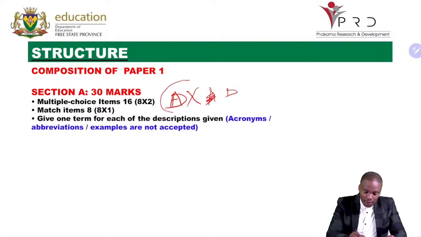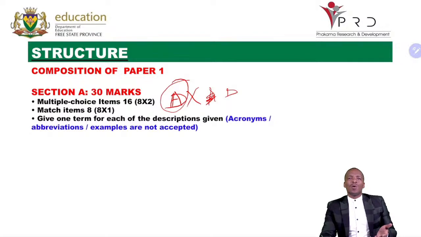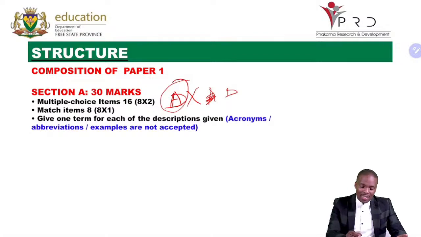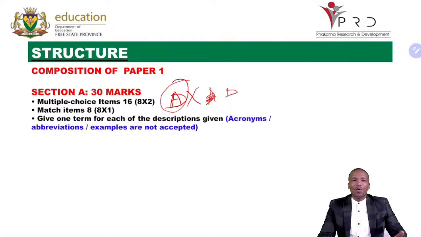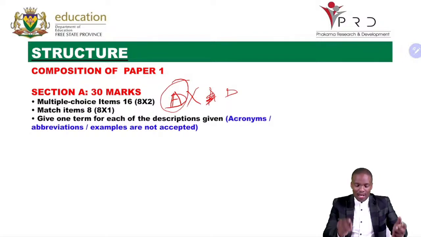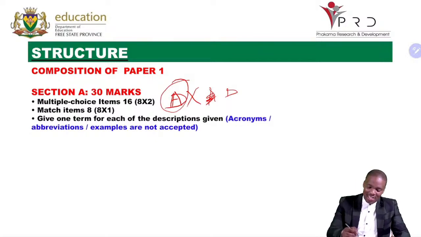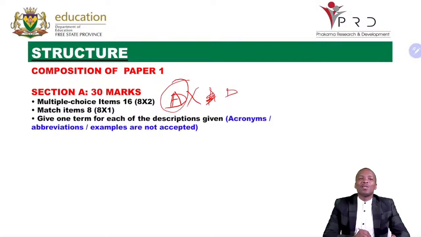With the first one, the marker is not sure whether it's A or D. But with the second one, we can see that the learner cancelled A and wrote the correct one, which is D. Then there will be, again, these ones. We play lotto, we take chances, probably thinking which one is correct here. Okay, let's say first you started with D, but you don't want to cancel D because your gut is still telling you that D is correct. Then you do this.